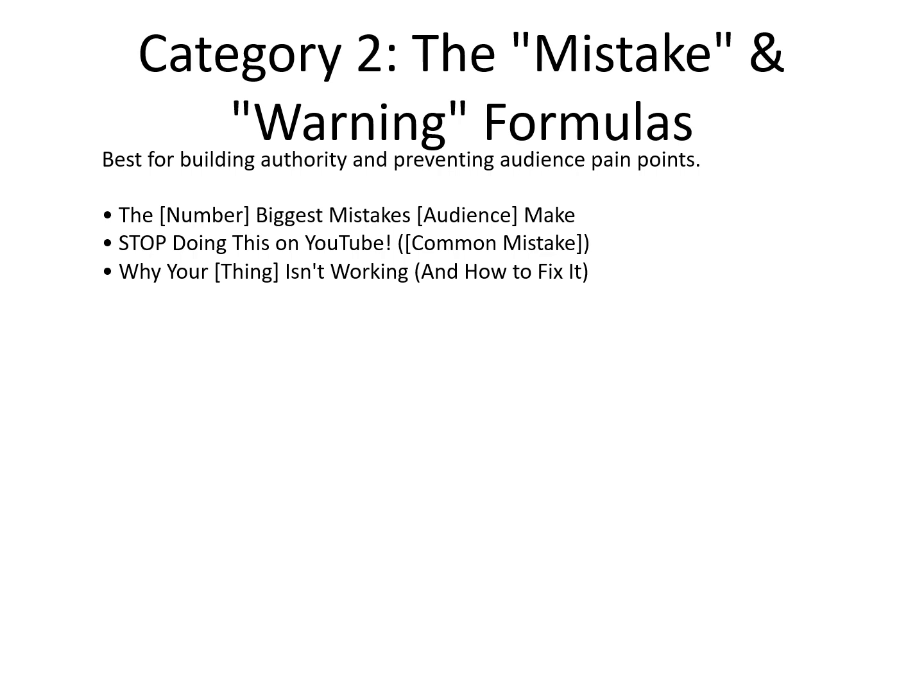Now, category 2, this is the mistake and warning formulas. This is best for building authority and preventing audience pain points. So what does that mean? Let me give you an example. Give a number, let's just say 30, biggest mistakes your audience makes.